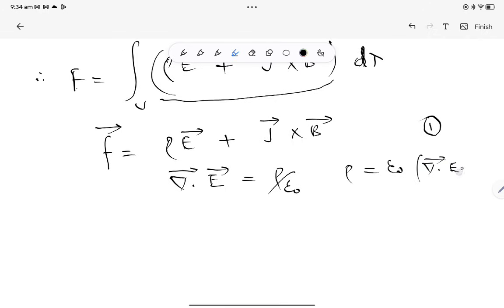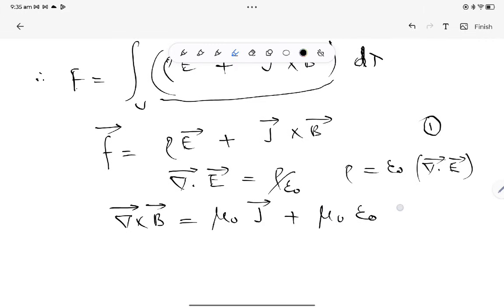Having done this, you now have J. The value of J can be obtained in terms of fields from Maxwell's fourth equation, that is, curl of magnetic field is equal to mu naught J plus mu naught epsilon naught del E by del t. This is Maxwell's fourth equation.